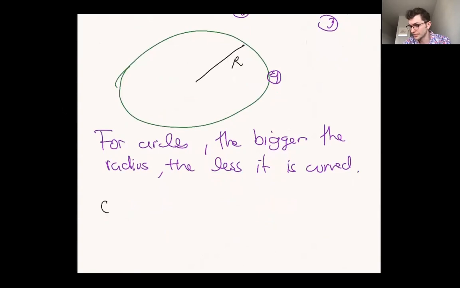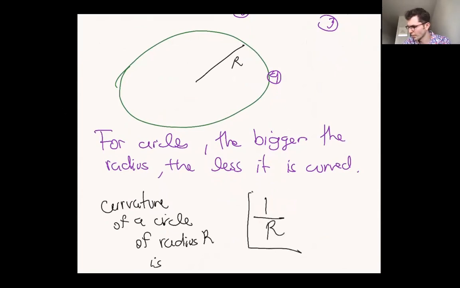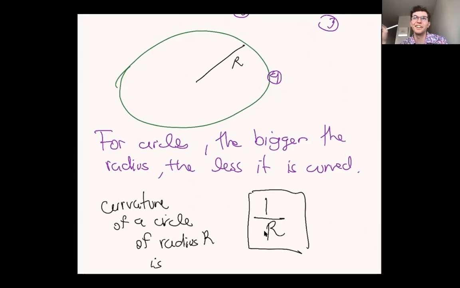So the curvature of a circle of radius r is 1 over r, and when the radius gets bigger, you're dividing by a bigger number. 1 over 1,000 is smaller than 1 over 10, and 1 over 1 million is smaller than 1 over 1,000. So the bigger the radius, the smaller this fraction becomes, right?